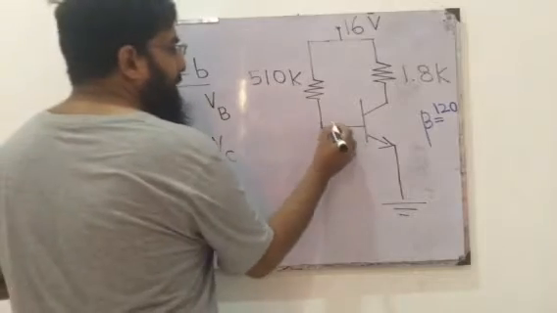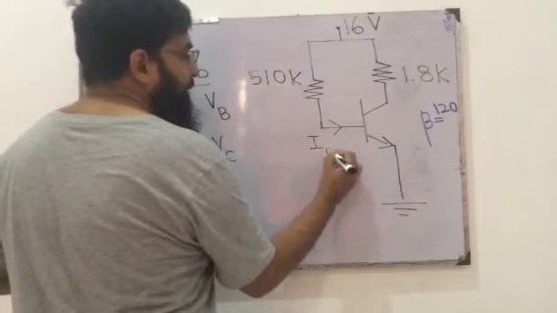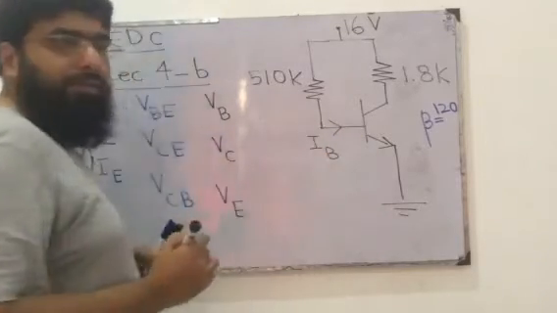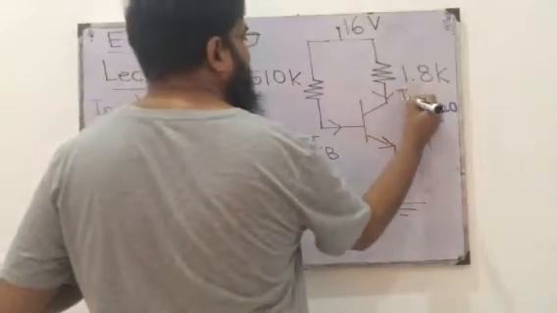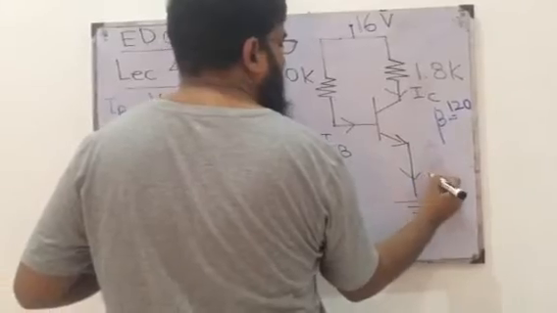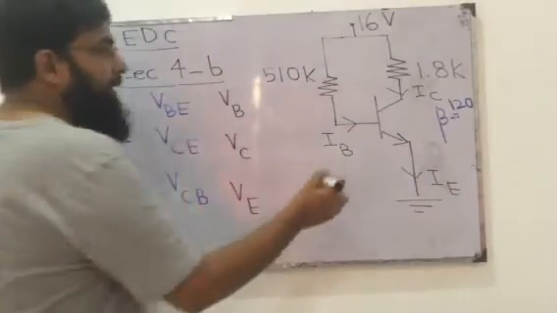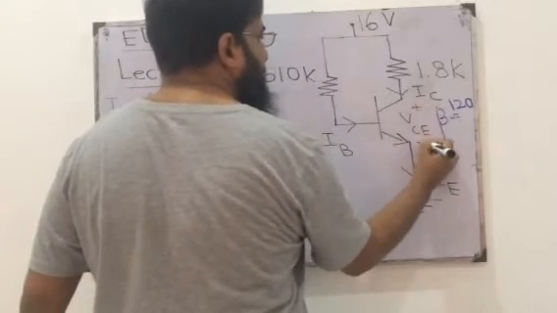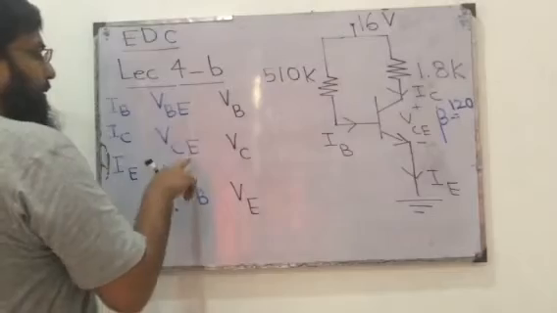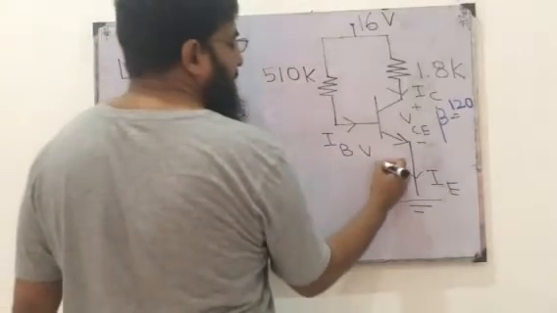IB is the current entering into the base terminal. IC is the current entering into the collector terminal, and IE is the current leaving the emitter terminal. VCE is the voltage between collector and emitter. VBE is the base emitter voltage.